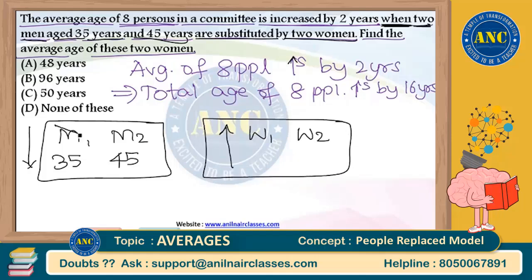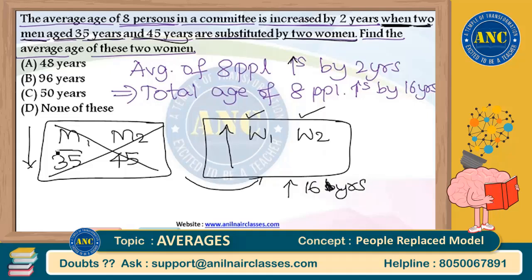Because 2 men are going out and 2 women are coming inside, the total sum is increasing by 16 years. That means the 35 plus 45, total 80 years, is going outside.